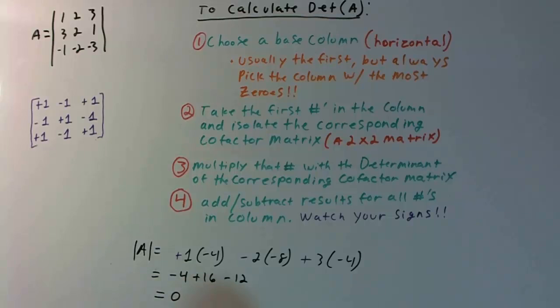Well, guess what? That determinant is actually 0. And it's funny because I just came up with that off the top of my head. That's actually kind of funny how that worked out. But yeah, negative 4, negative 12, 16, 16. Yep, that's 0.